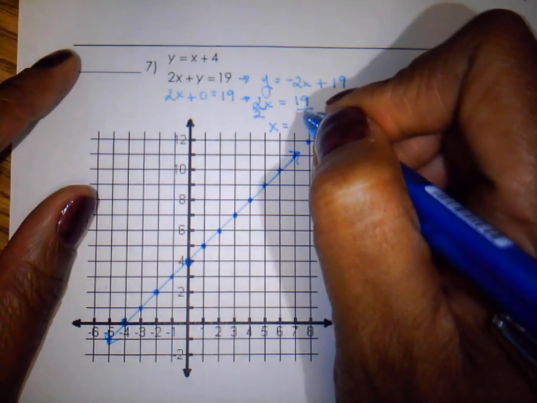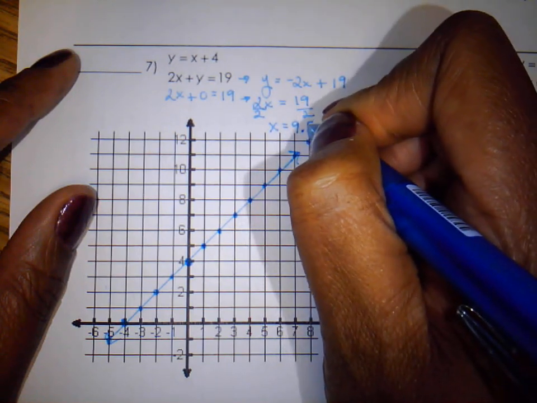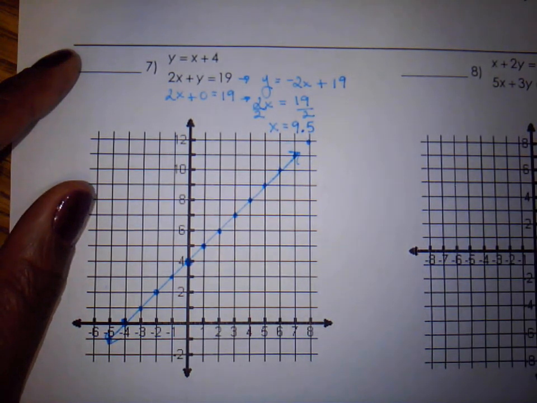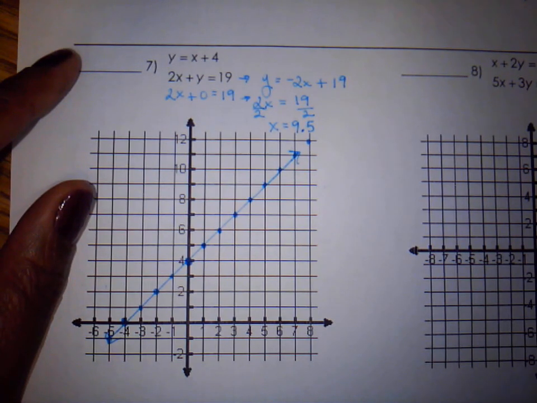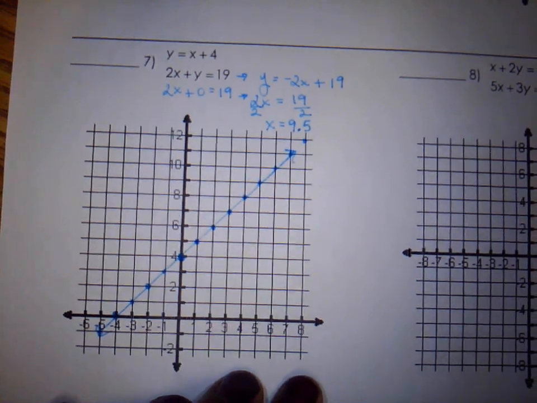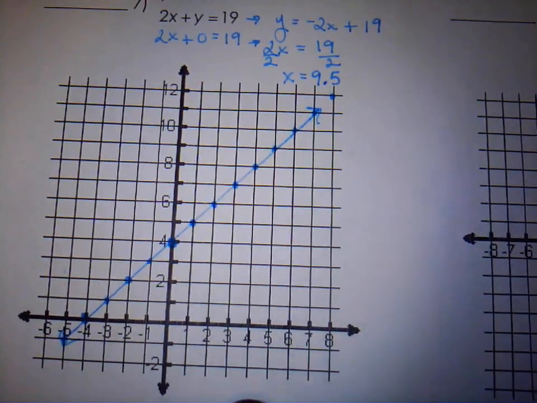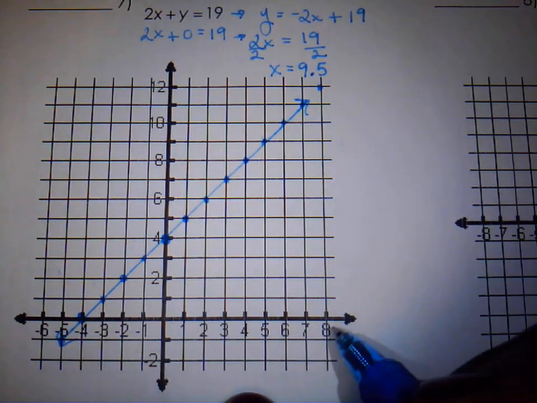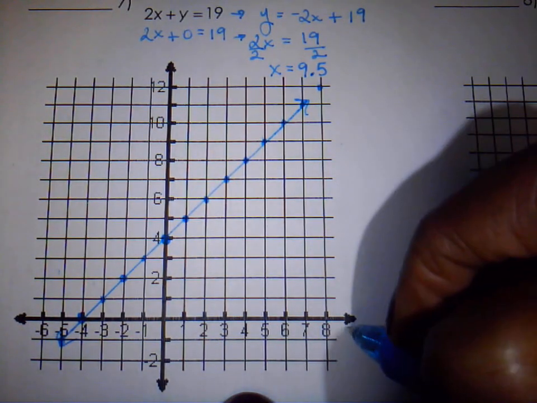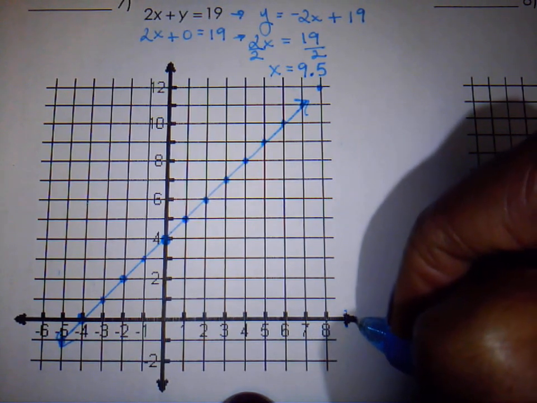And that's going to give us 9.5. So I just found out that my line is crossing the x-axis at 9.5. That kind of helps. So I come to the graph. Here's 8, right? Here's 9. Here's 9.5.